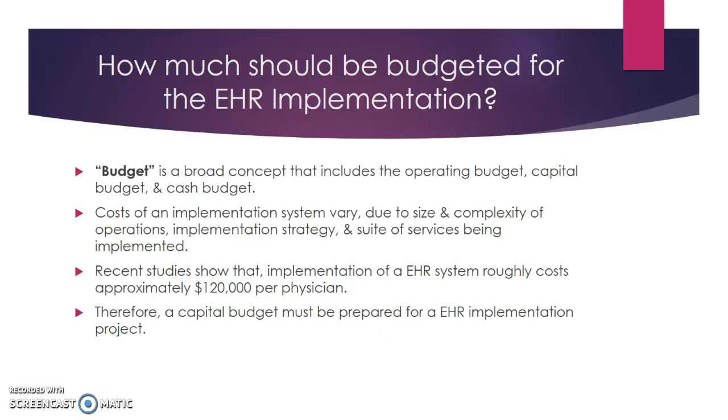How much should be budgeted for the EHR implementation? What is a budget? A budget is a broad concept that includes the operating budget, capital budget, and cash budget. Cost of an implementation system varies due to the size and complexity of operations, implementation strategy, and the suite of services being implemented.